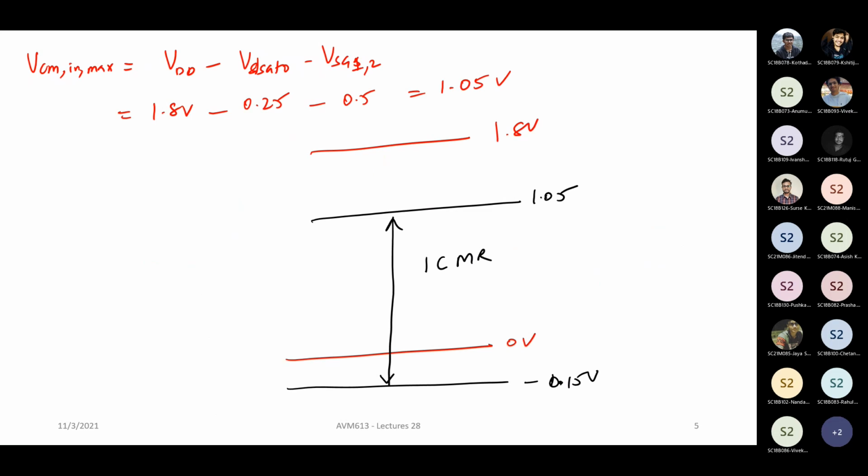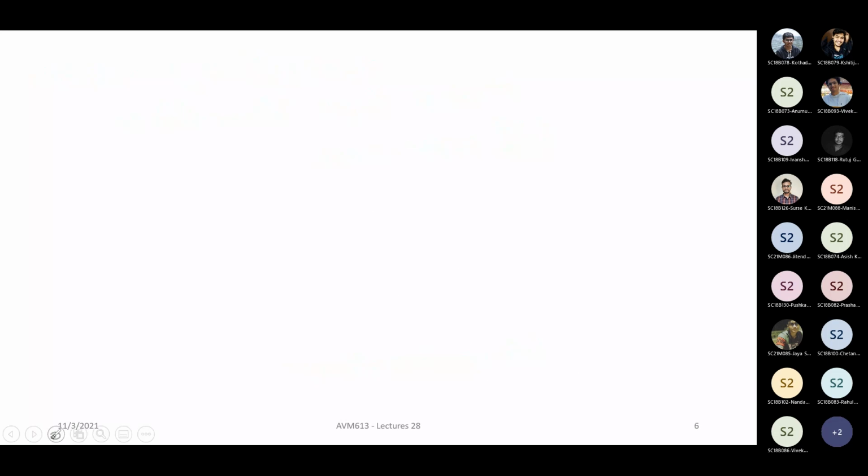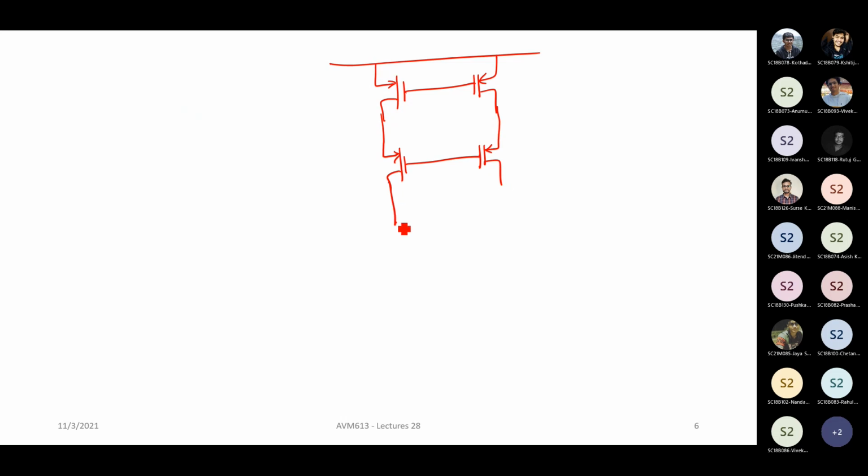Now let's look at the complementary version. Maybe in the interest of time, I will not work it out fully. Let's say you have an NMOS input pair.